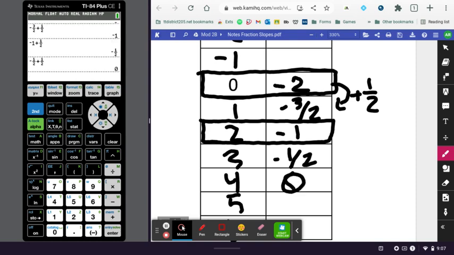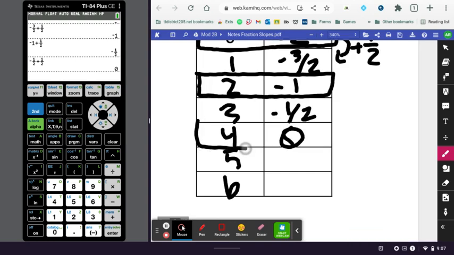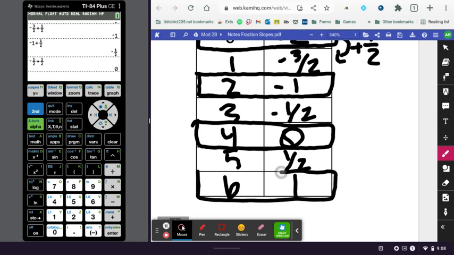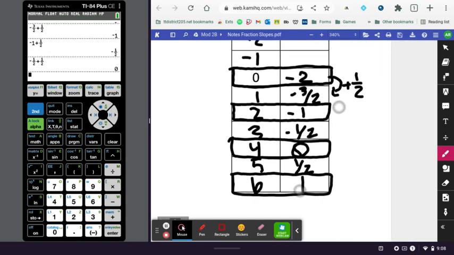And we get 0. Well, 0 is a nice number, so I'm going to box that in. Then we take 0 plus 1/2, and that gives us 1/2. I'm not going to use the calculator. 1/2 plus 1/2 is 1, so there's our next nice number. Okay, again, box it in.